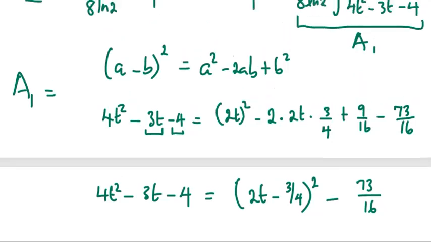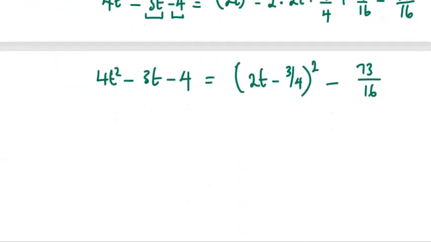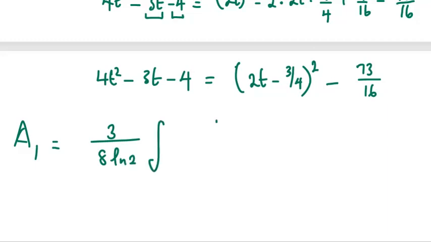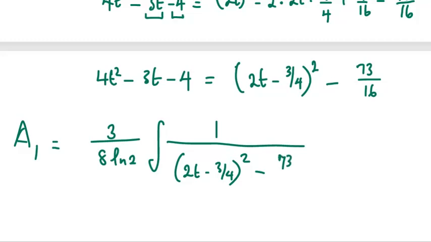That's cool, right? So our a sub 1 is going to be equal to 3 all over 8 times the ln of 2 multiplied by the integral of, here we have 1 all over, so this one here is going to be 2t minus 3 over 4 whole squared minus 73 over 16, and then we have our dt.